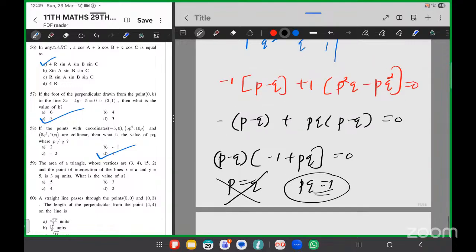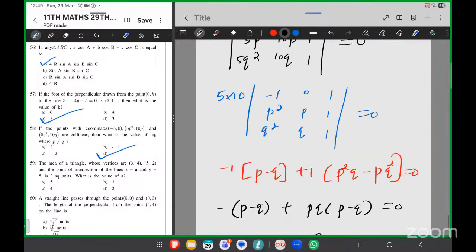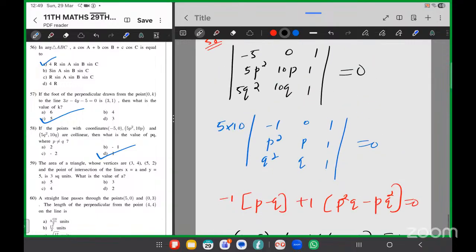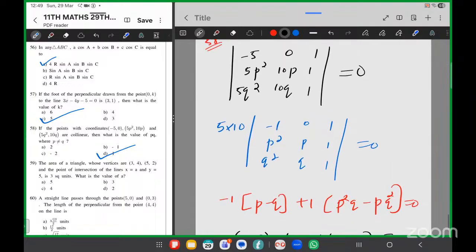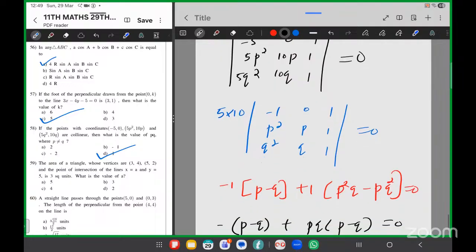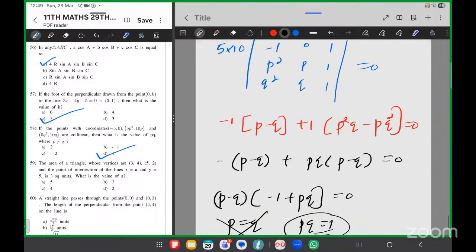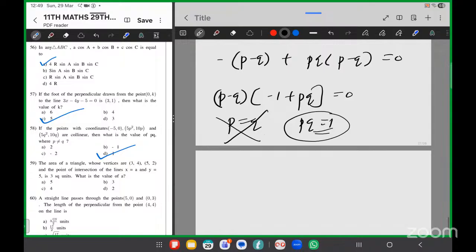P, you take 5. Correct. Minus 1, P minus Q, plus 1, P square Q minus Q square P. Okay, P minus Q, 1. Okay, PQ equal to 1. Correct.